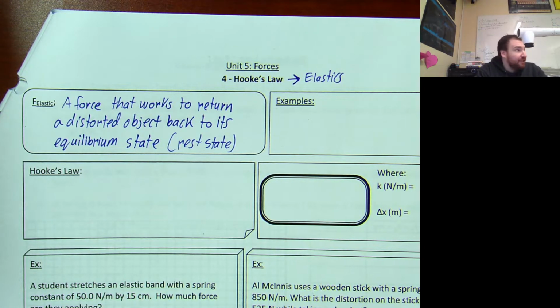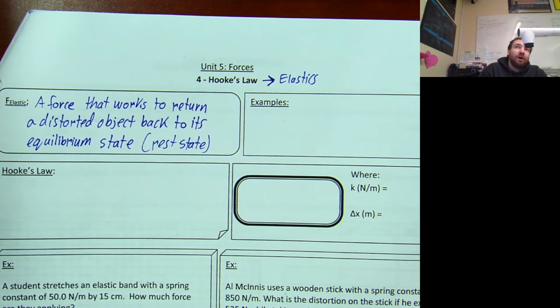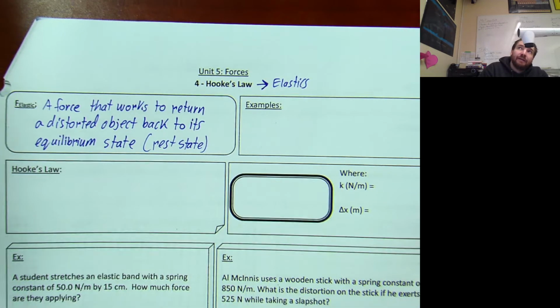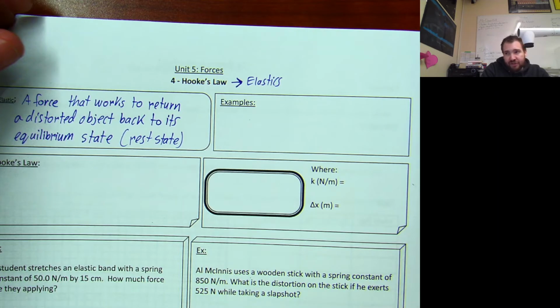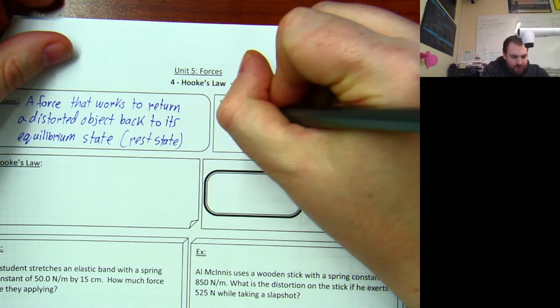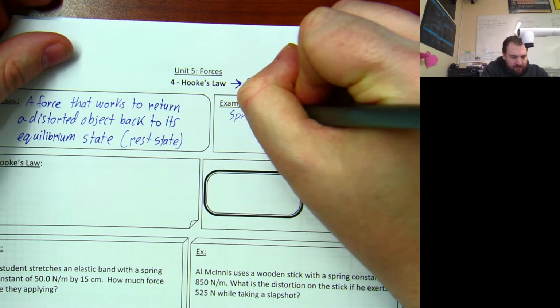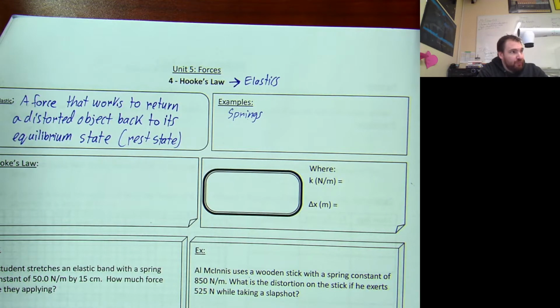And lots of things are elastic. Some things are obviously more elastic than other things. Examples of objects that are elastic. Springs. Sure. When you yank on a spring, the spring yanks back on you to a point.